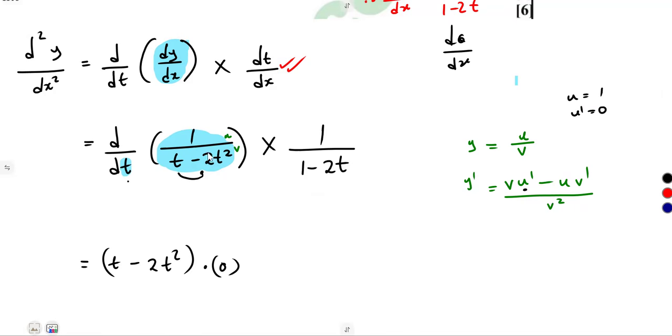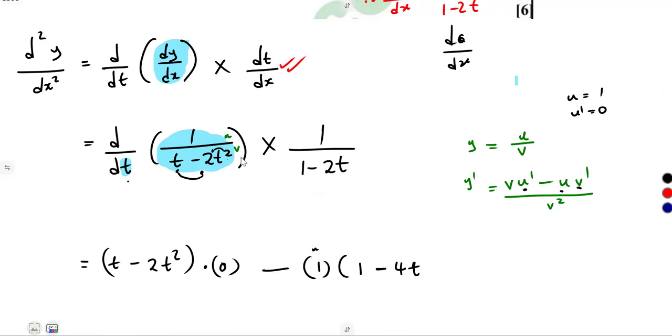So here we have got the derivative of u, minus u. We're going to need our u as it is, it's 1, times the derivative of v, our denominator. So that's 1. t is going to give us 1, minus, we drop the power here, so it was going to give us 4t.